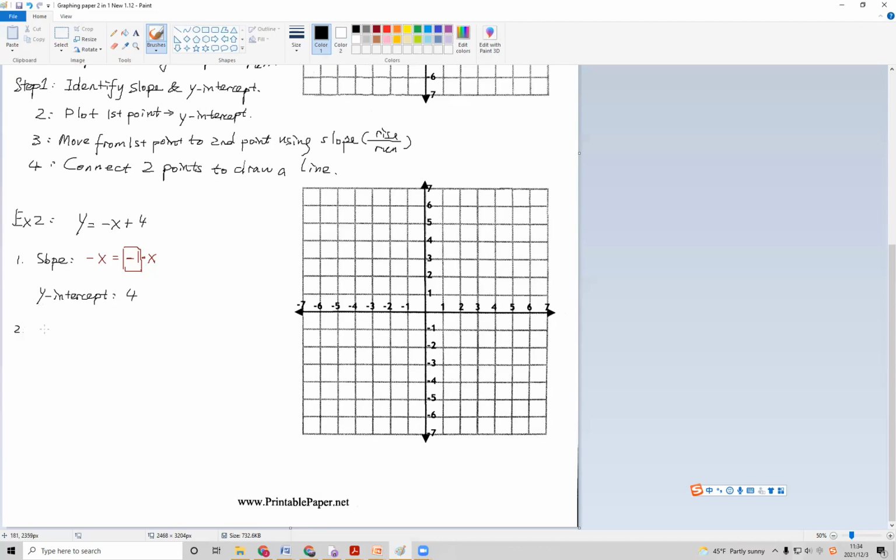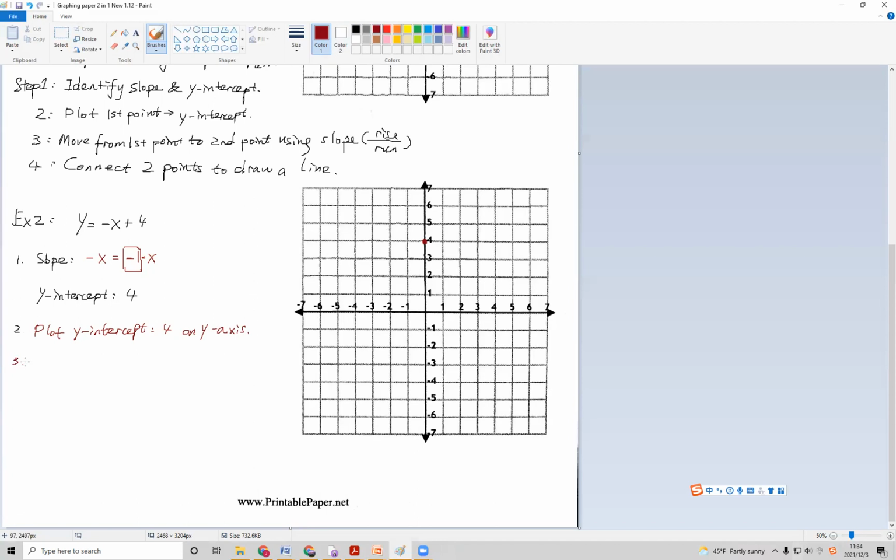Now step 2. Can you plot the y-intercept first? Yes, of course we can. Y-intercept is 4, so plot 4 on the y-axis first. You have to know your y-intercept is always on the y-axis.